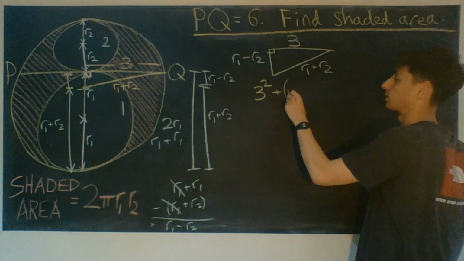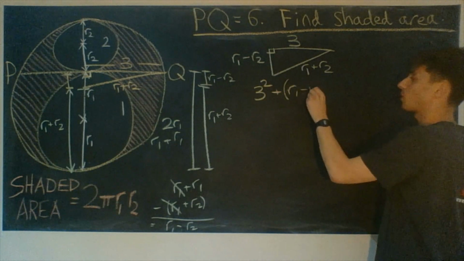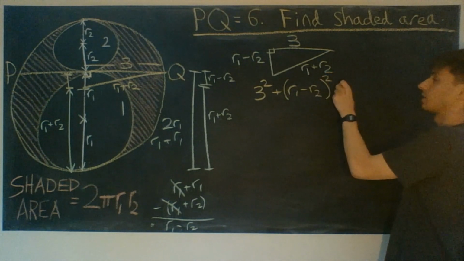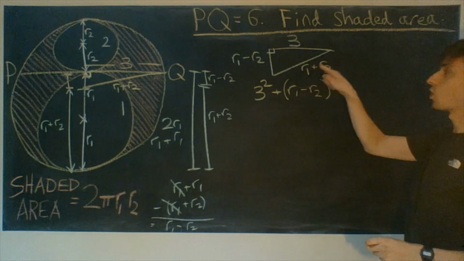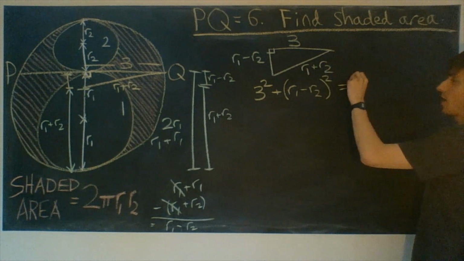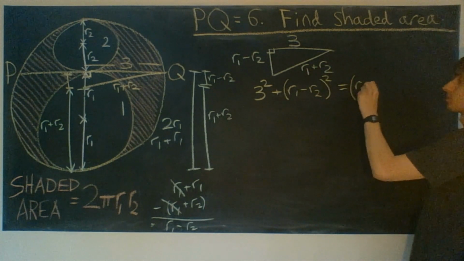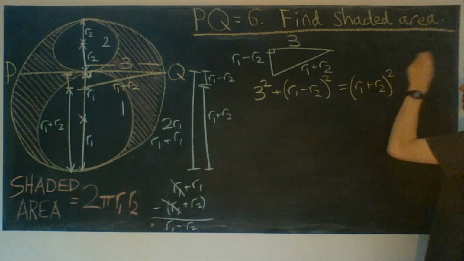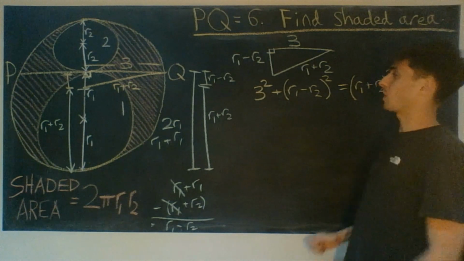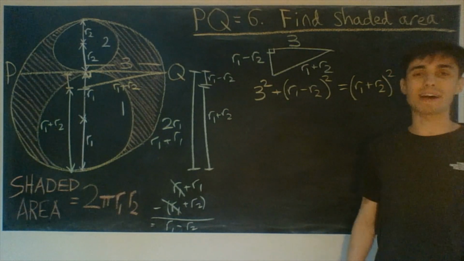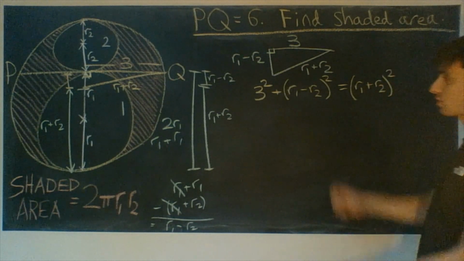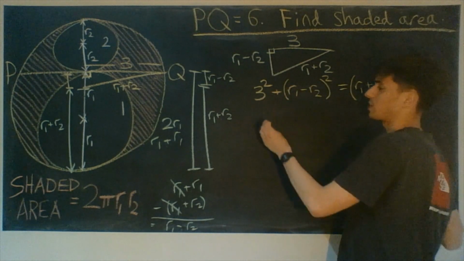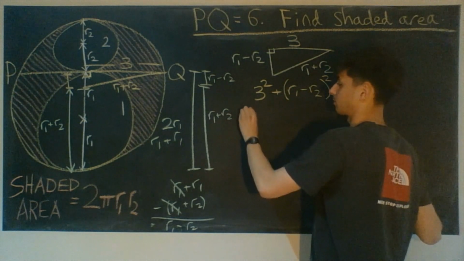plus (R1 take away R2) squared, equals (R1 plus R2) squared. This would be a part where you could check these brackets expanding yourself if you're not convinced. I'm just going to kind of whiz through it. So 3 squared gives us 9.